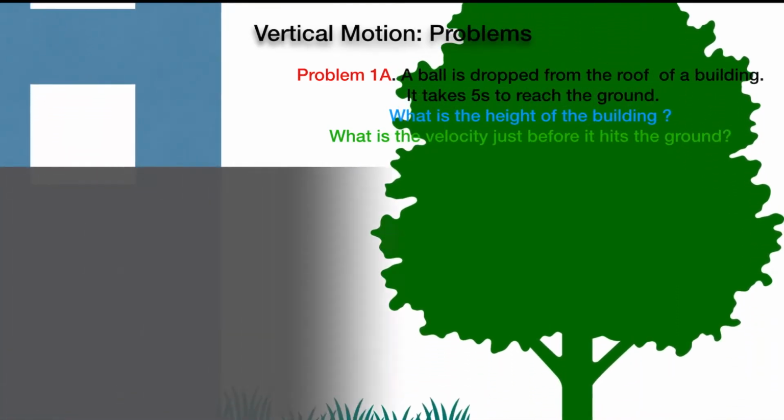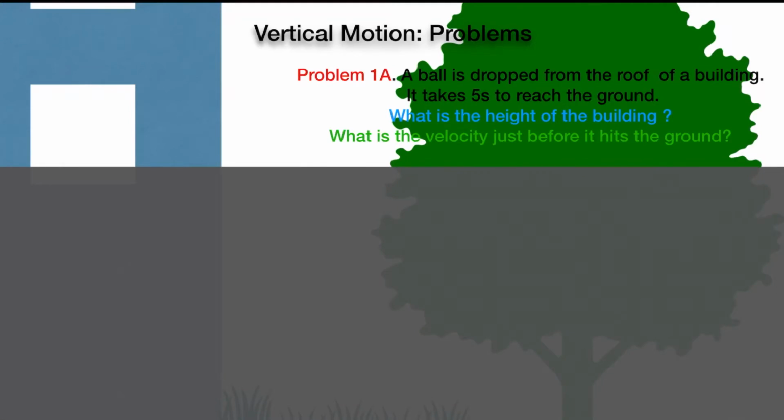So here, what we know: a ball is dropped, meaning the initial velocity u is equal to 0, and from the roof of a building it takes 5 seconds to reach the ground. So time t is 5 seconds. What else do we know? The acceleration, because this motion is under gravity.